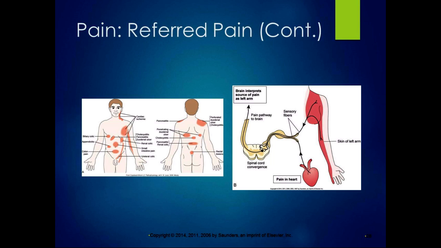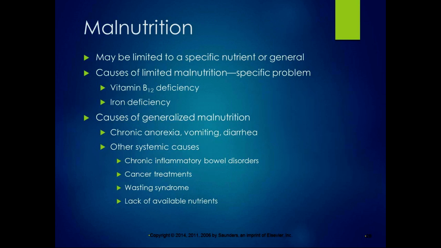So malnutrition can be limited to a specific nutrient, like when we talked about pernicious anemia, that is a B12 deficiency, or it can be a general malnutrition. So causes of limited malnutrition, like the B12 deficiency or an iron deficiency, are usually caused by a specific problem.